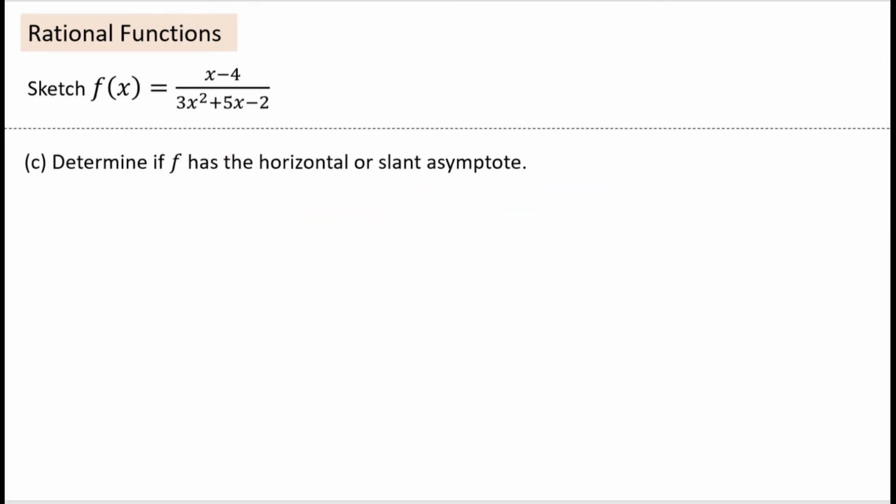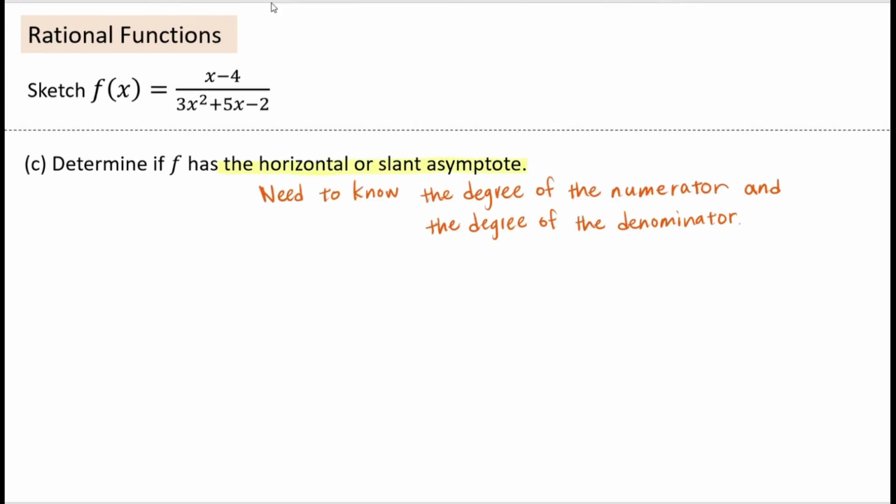Let's determine if the function f has a horizontal or slant asymptote. To determine, we need to know the degree of the numerator and the degree of the denominator. The degree of a polynomial is the greatest exponent on x.